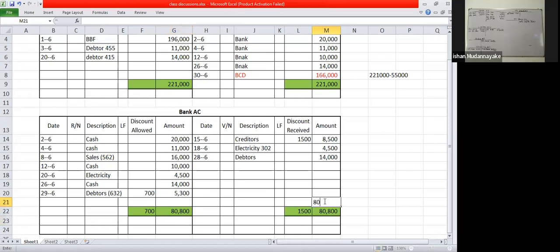Then 80,800 minus 27,000 is 53,800. 30th June, balance carried down.